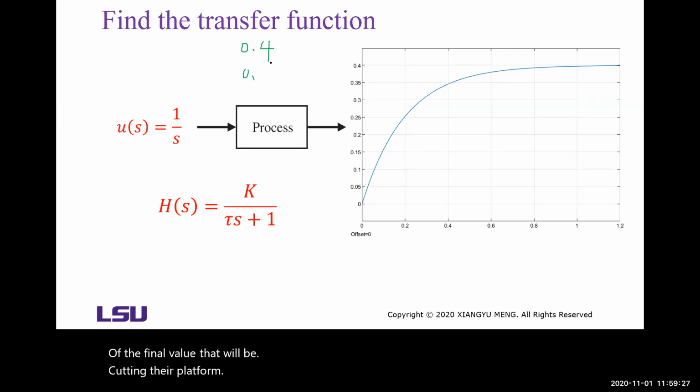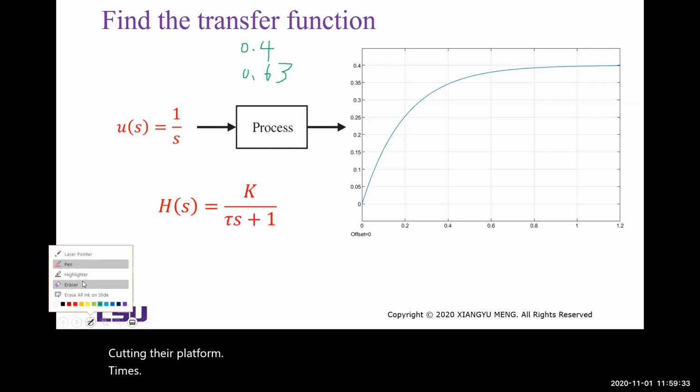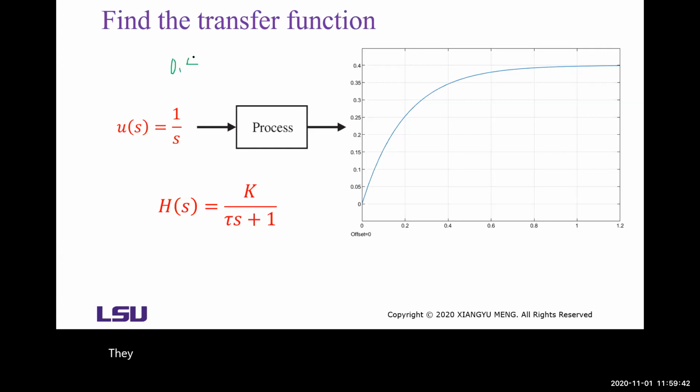So, times the final value, times 63%. Then let's calculate. It's roughly 0.252.